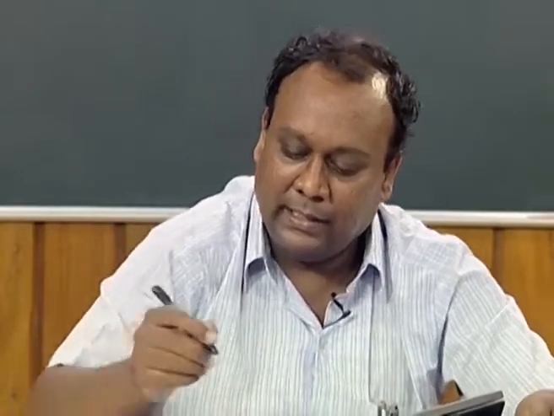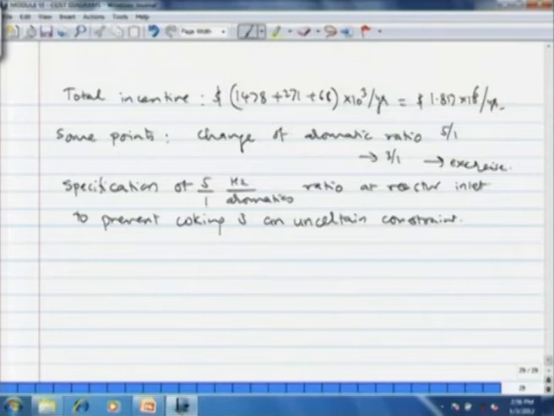But is it a constraint on us to use it? We can alter it, we can reduce it so as to reduce the cost. Okay. Now, let us say that we reduce the 5:1 ratio to something like 3:1 H2 aromatics.